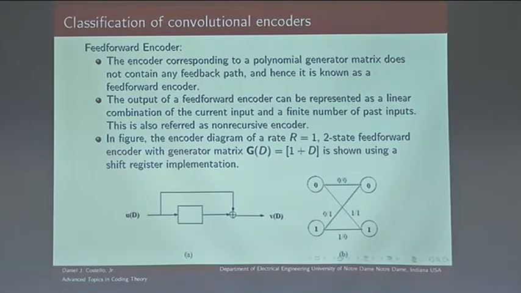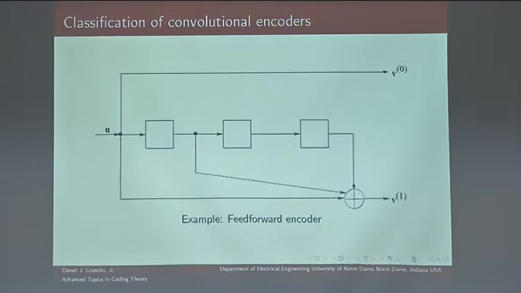The generator matrix of this thing, there's only one generator polynomial because there's only one output sequence. And it's 1 plus D. It's taking the current input bit and adding it to the previous input bit. So that's represented by the generator polynomial 1 plus D. And here's another feed-forward encoder. This has memory 3.